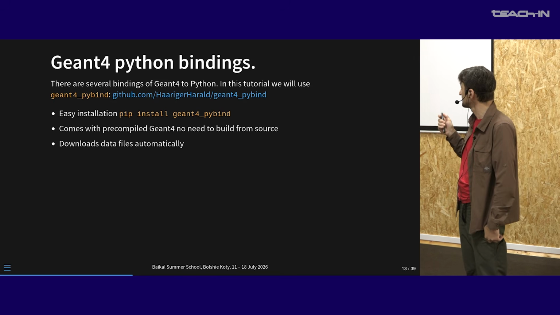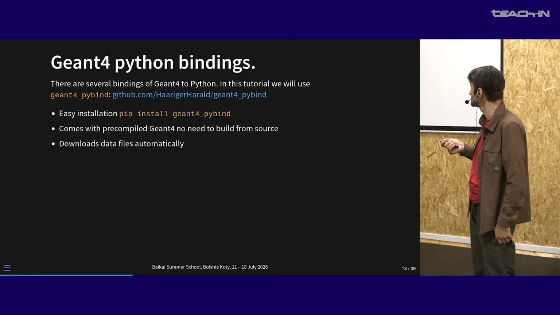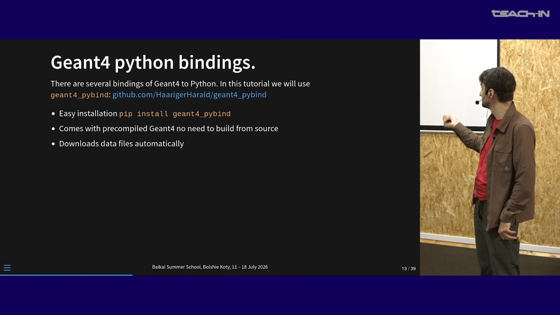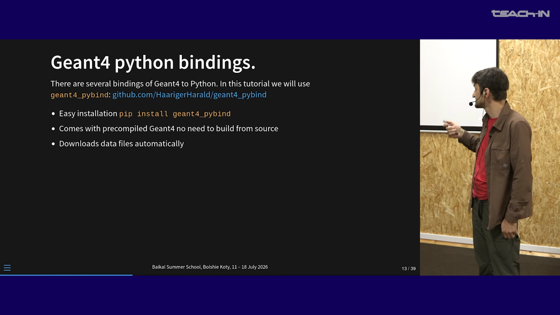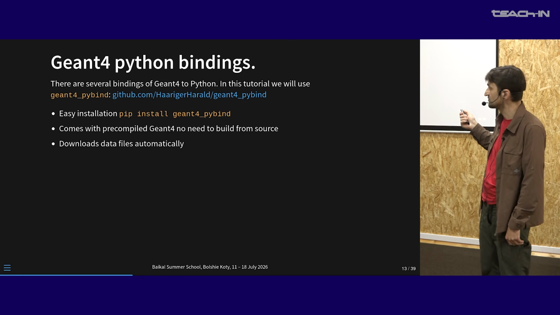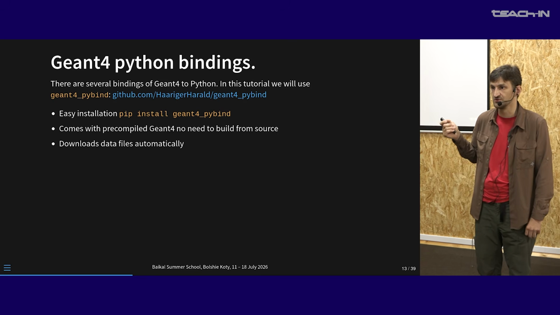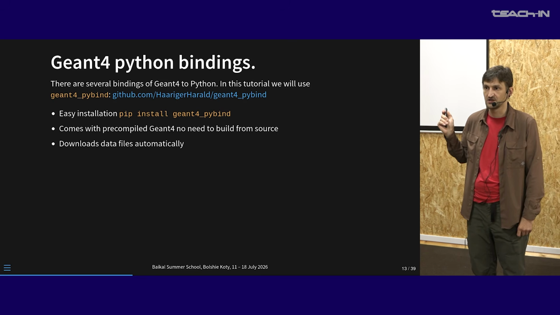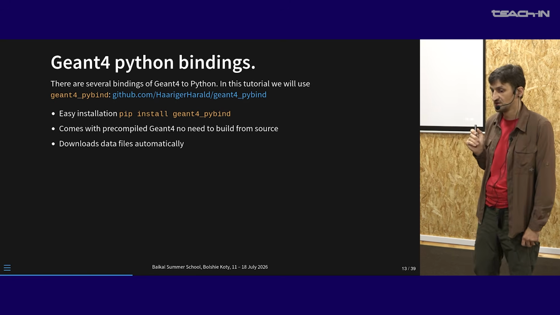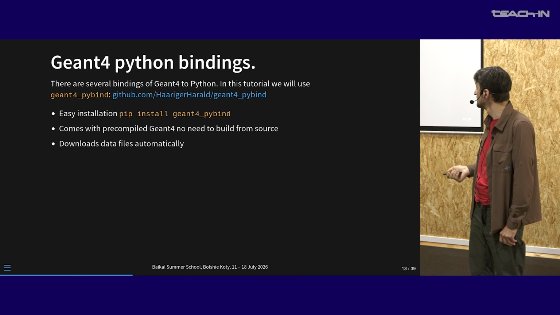One of the available Python bindings is the geant4-pybind package. The benefit of this is that it's very easy to install. You just run pip install geant4-pybind. So if you already downloaded the Docker container, you will have it there, or you could have installed it locally.